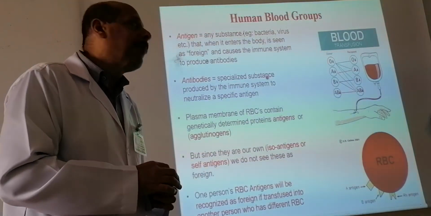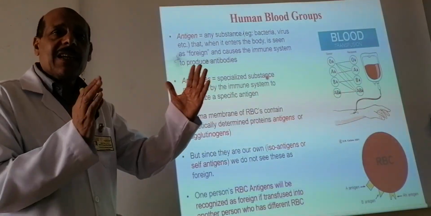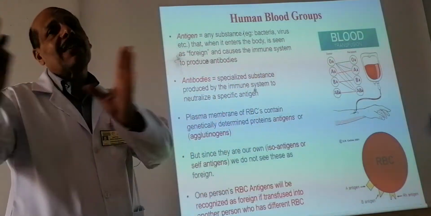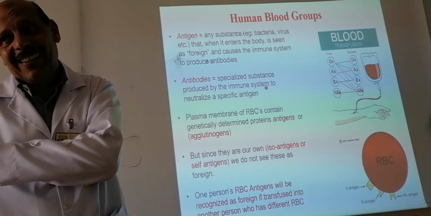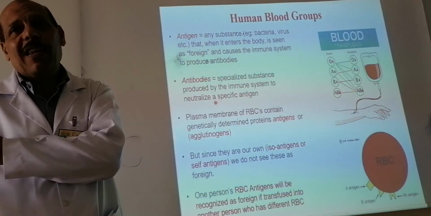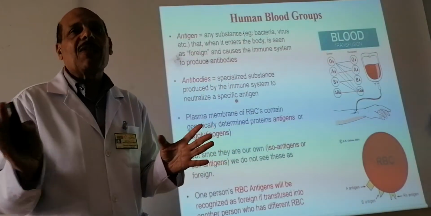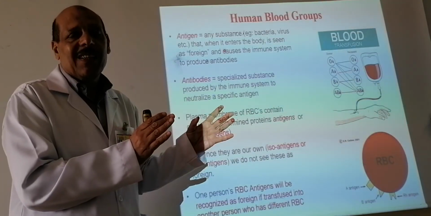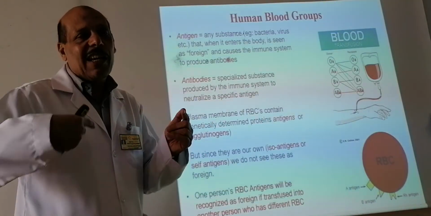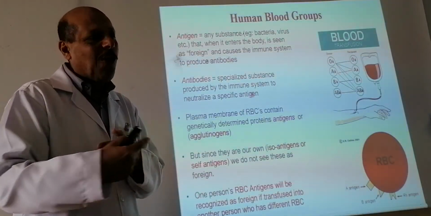If you have antibodies against a certain bacteria, they will not act on another bacteria. Because of that, we get different types of vaccination. One vaccination cannot be used for all kinds of disease.